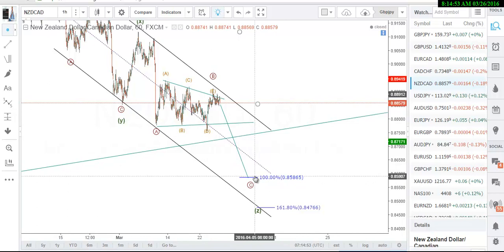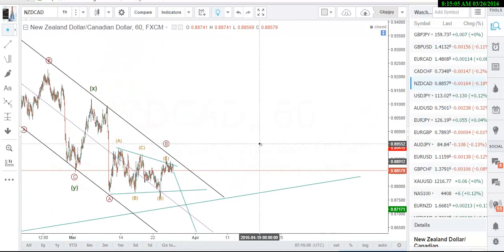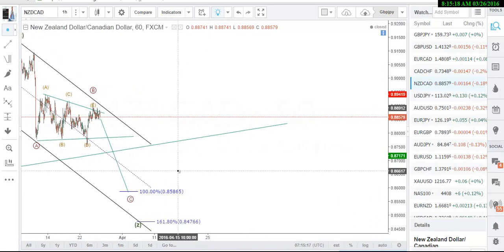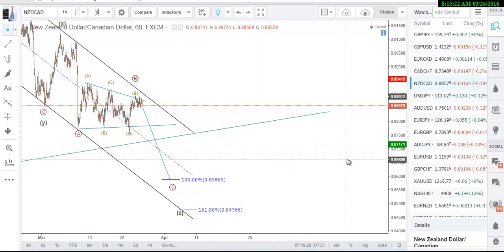So in the coming weeks, we are expecting the New Zealand Canadian dollar to dip, to go really below, before we could see a major movement upside, because if price moves this way, then a triple zigzag will have completed, and price will be expected to go upside. These are the projected levels for that. And we can also check the next one. We could check the Euro GBP and then the Euro Yen.